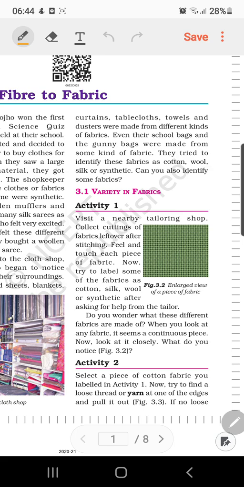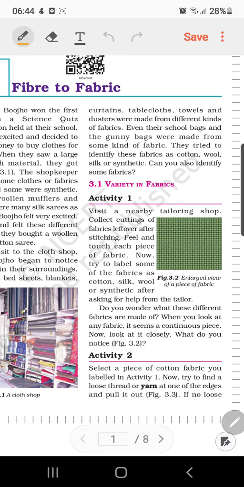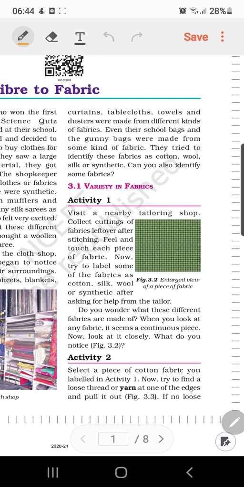So let's see, in progression to this study, the next activity, activity number 2, which is given in your book. In this activity you will try to understand and learn how to identify and segregate the fabric from the yarn, and yarn from the fibers. So you need to learn three terms here.